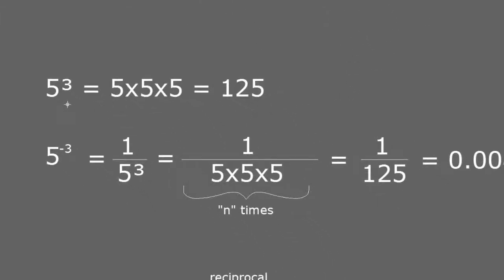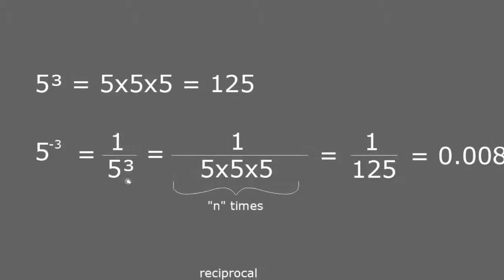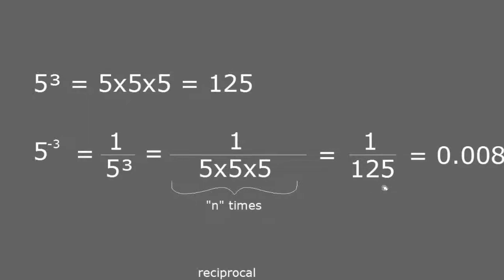Remember, 5 to the power of 3 equals 125. Now 5 to the power of negative 3 equals 1 divided by 5 to the power of 3, or 5 cubed. So that becomes 1 divided by, just like in the case of the positive, 5 times 5 times 5, which equals 1 divided by 125.